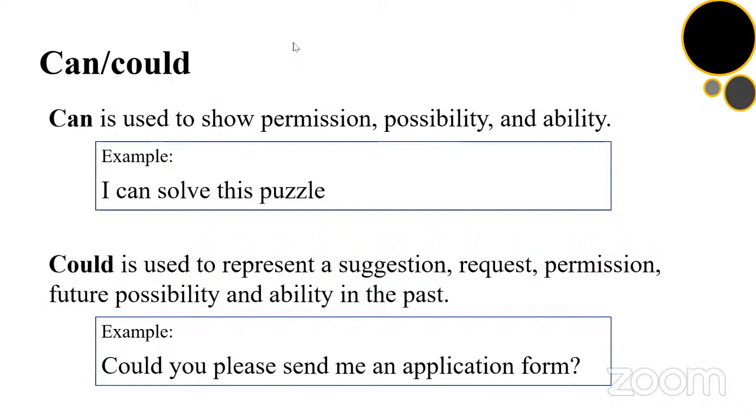That is what the request is. Could you please send me the application form? It is a request actually. You can ask that also, but it shows the differences between could and can in terms of possibility.